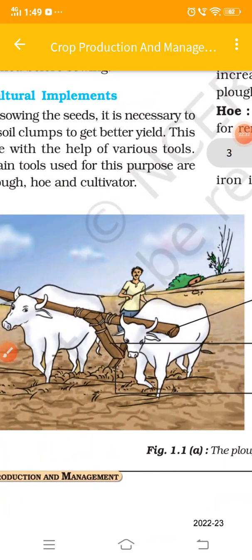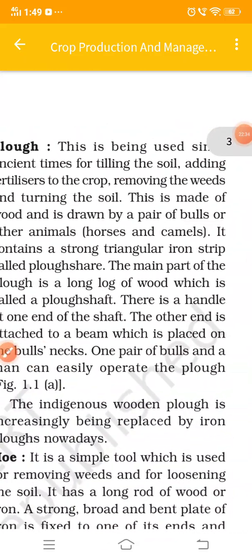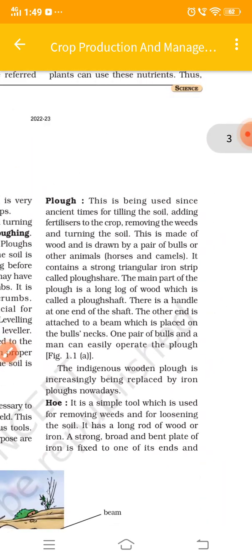See, plug, it is being used since ancient times for tilling the soil, adding fertilizers to the crop, removing weeds and turning the soil. This is made up of wood and is drawn by a pair of bulls and other animals such as horses or camels. Each contains a strong triangular iron strip called plugshare.